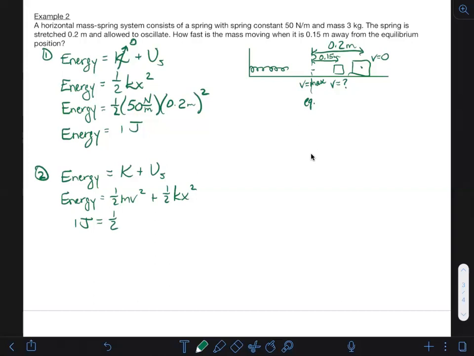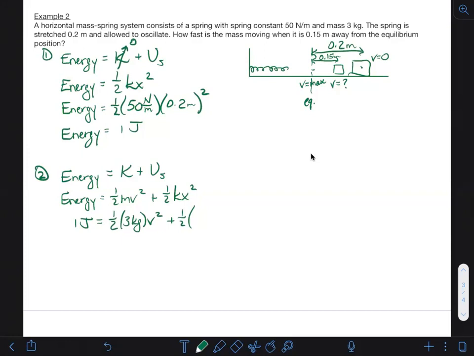Let's put that in for mass. I don't know V, so I'm just going to keep that the way it is. Again, my spring constant is 50 newtons per meter. And now I'm at this other stretch length. So my stretch is now going to be 0.15 meters.